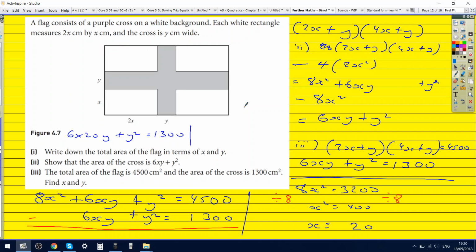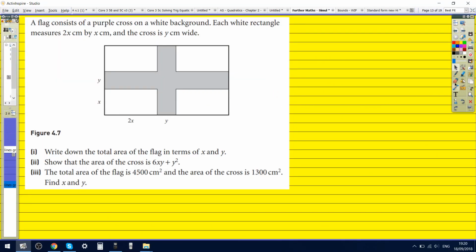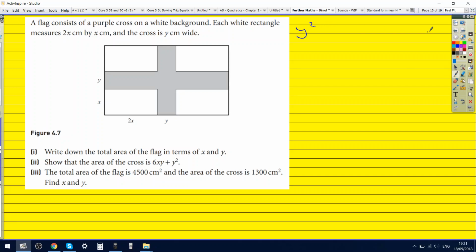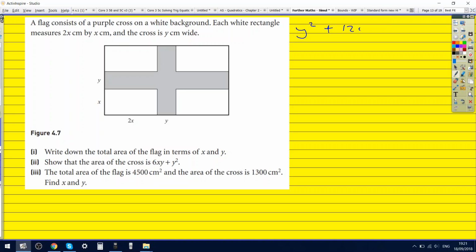We could have y outside a bracket and then 120 plus y inside. What type of equation do you have? We have a quadratic here, don't we? So you could have y squared plus 120y minus 1,300 is 0. I might use the quadratic formula to solve this, just because it's a bit long. So minus 120 plus or minus root of 120 squared minus 4 times 1 times minus 1,300 over 2 times 1.